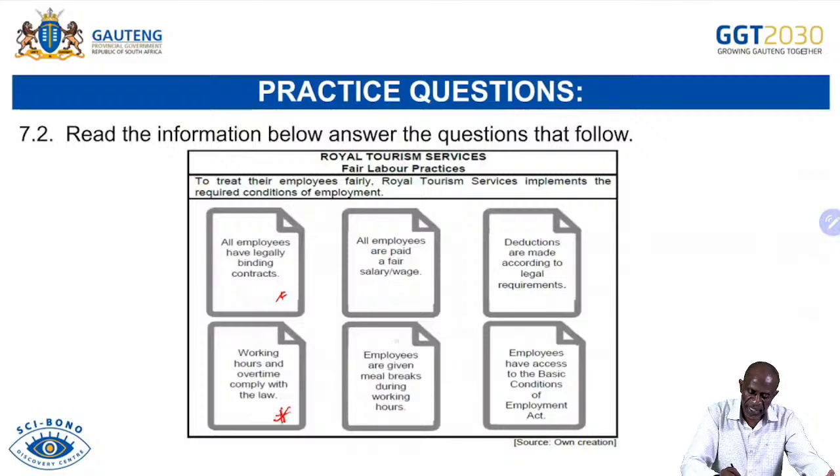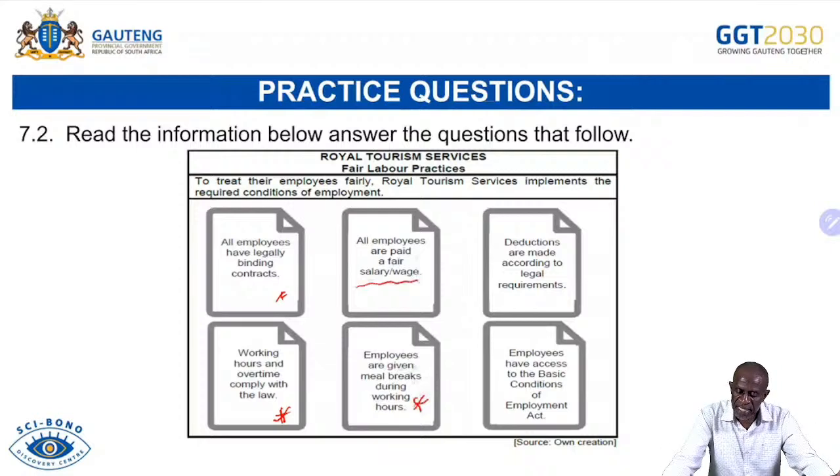So the law has been followed. All employees are paid a fair salary, an acceptable salary. Employees are given meal breaks during working hours, so they are entitled to lunchtime, tea times, you name them. All those breaks are given.